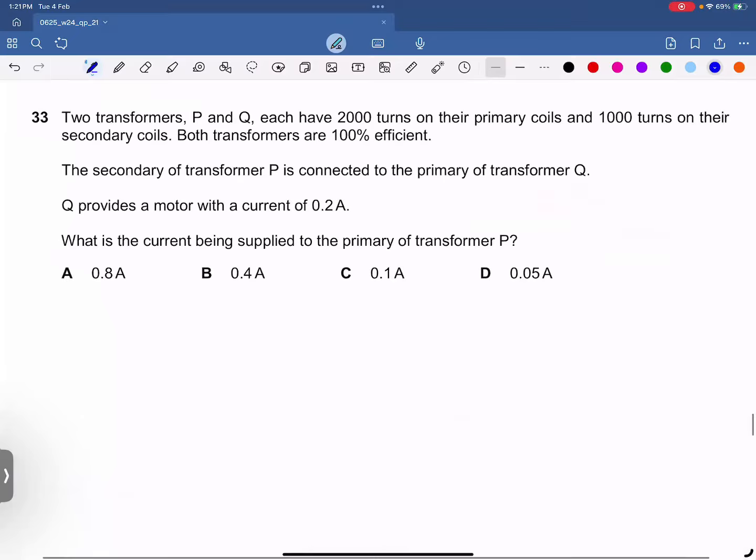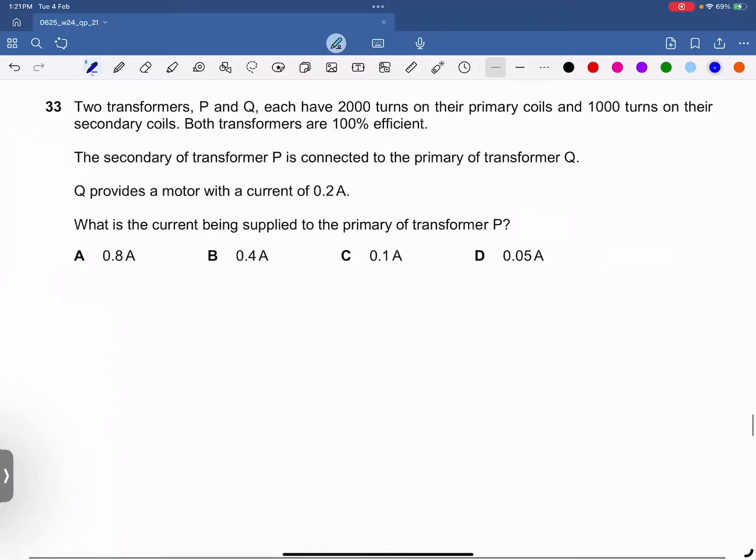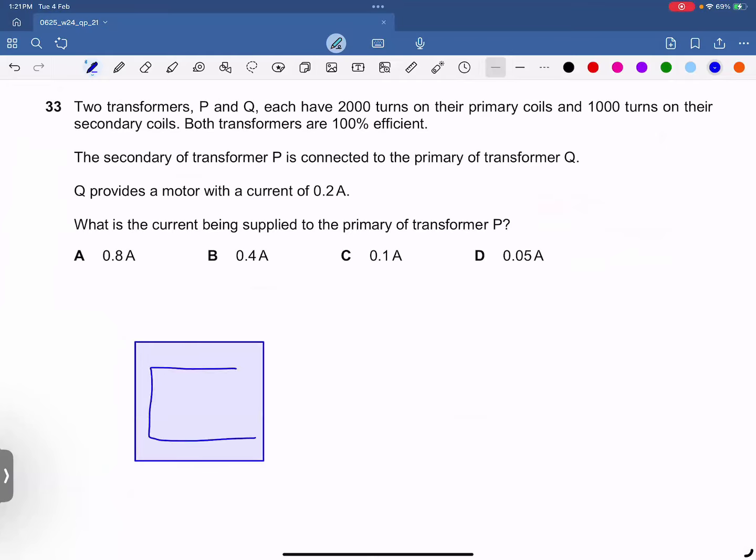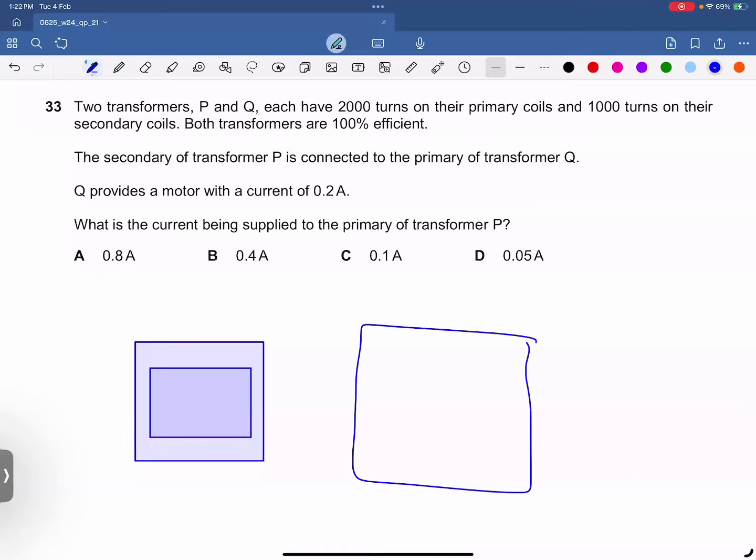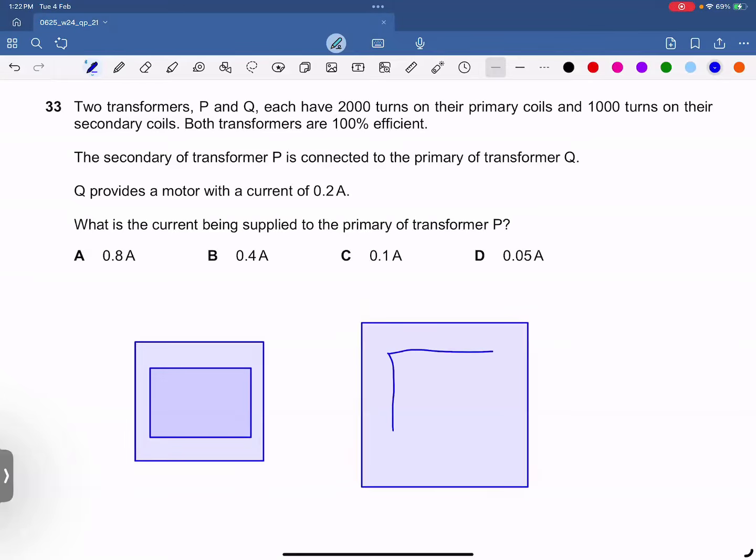Two transformers P and Q each have 200 turns on their primary and 1000 turns on their secondary. Both are 100% efficient. First of all, I will quickly draw the two transformers. This is the first transformer, and this is the second transformer.